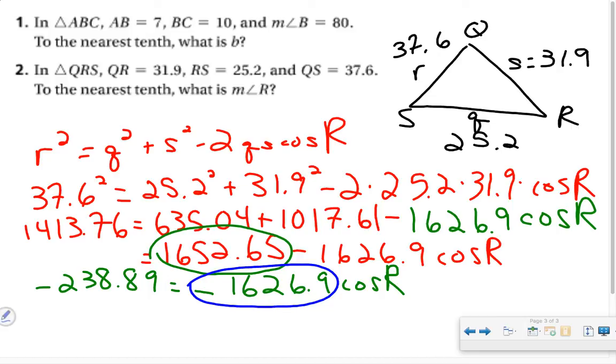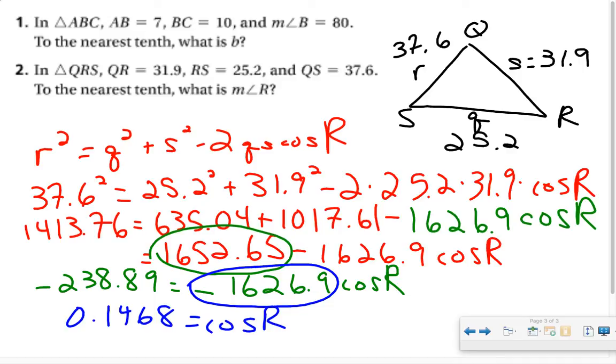And now I have that the cosine of r equals 0.1468 approximately.